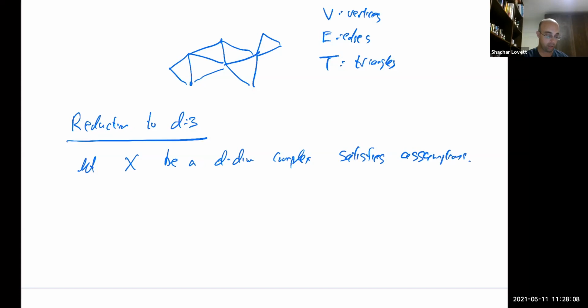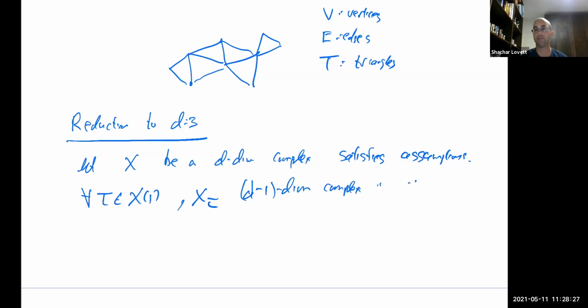So I want to argue that in particular, for every tau in X1, every node here, the link of this node also satisfies the assumption. So this is going to be a (d-1)-dimensional complex that also satisfies the assumptions.